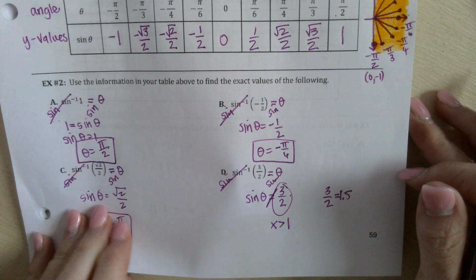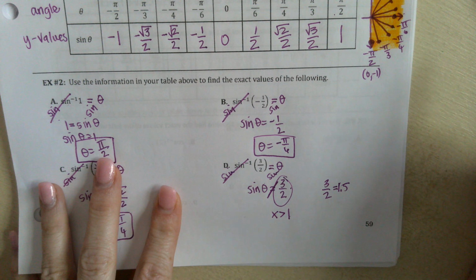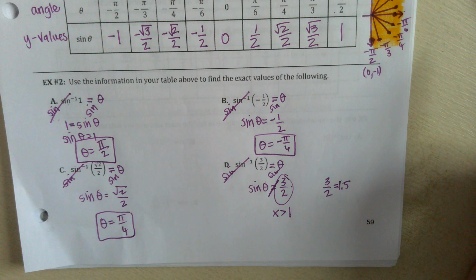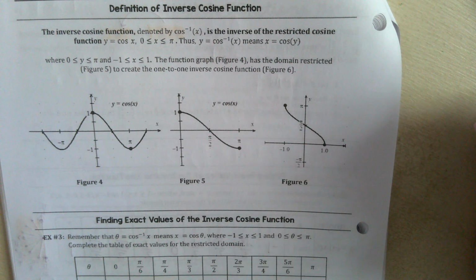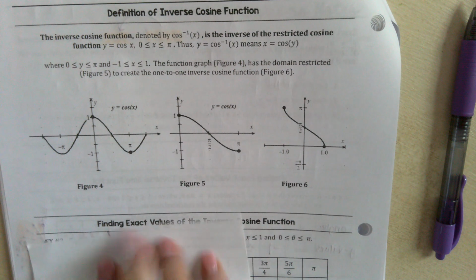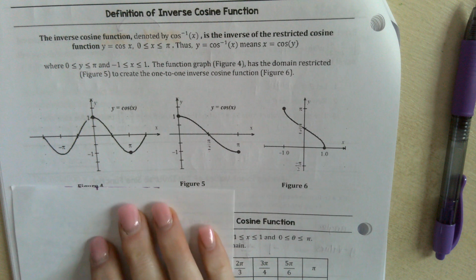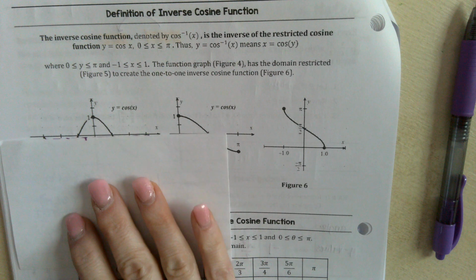Questions? All right, flip it over and let's look at the cosine. We're going to do the same thing with the cosine. We have to restrict the domain of this function. We are making these rules because we want to be able to do something with it, okay? It does not pass the horizontal line test.